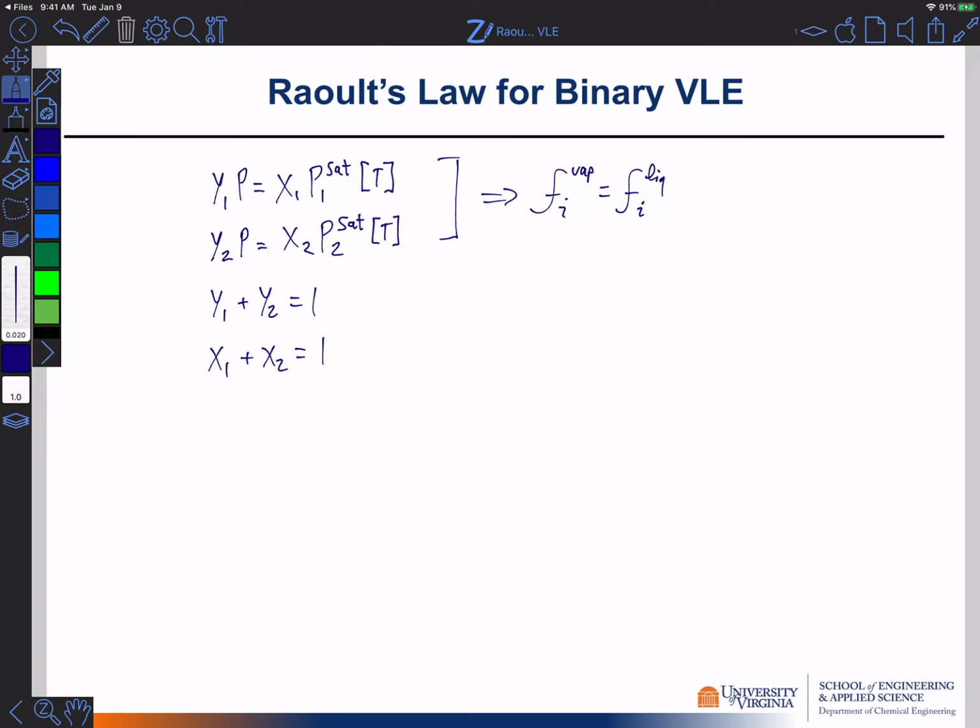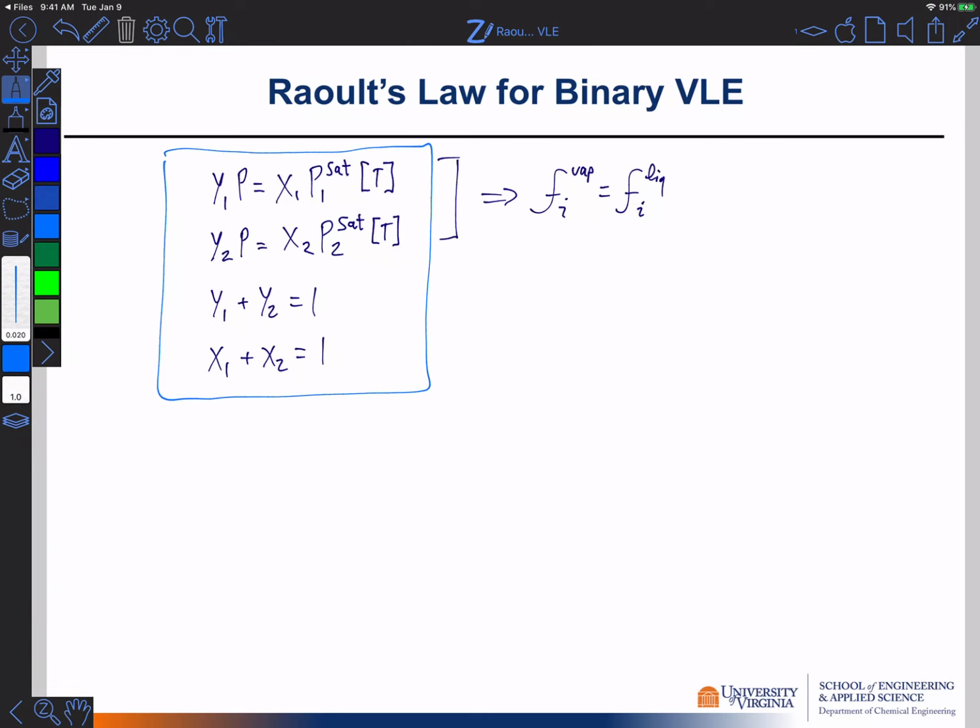Now, if you have a somewhat older version of the Matsoukas textbook, at one point there was a typo related to this, so that might be something to look out for. But the point here is it's y1 plus y2 is equal to 1. It's not y1 plus x1 is equal to 1.